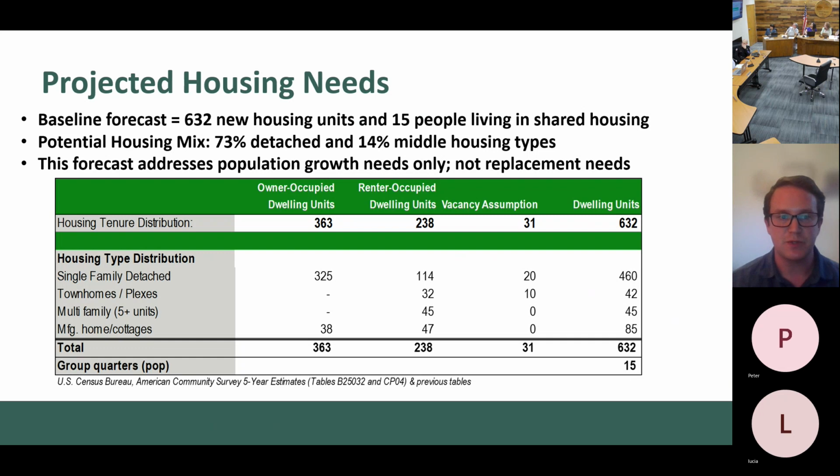And then a bit of a mix between townhomes, plexes, and multifamily, each seeing 42, 45, and then some manufactured homes, probably about 85 new manufactured homes, totaling that 632 figure. So yeah, it's a pretty big lift, and it'll be pretty significant to see this growth occur.